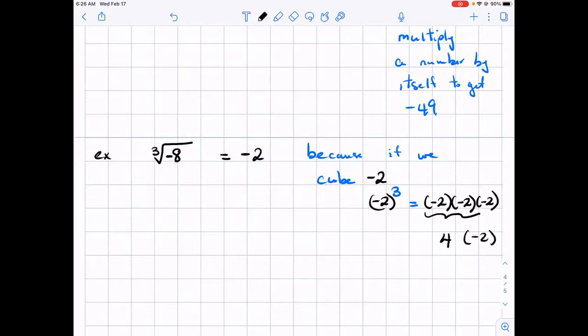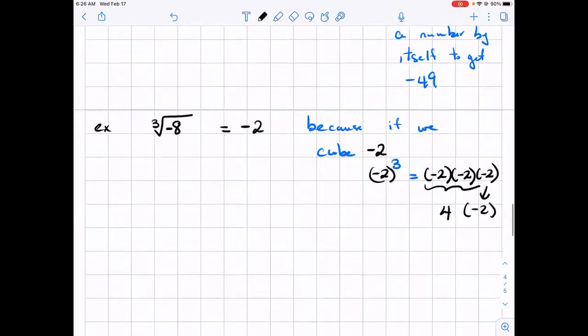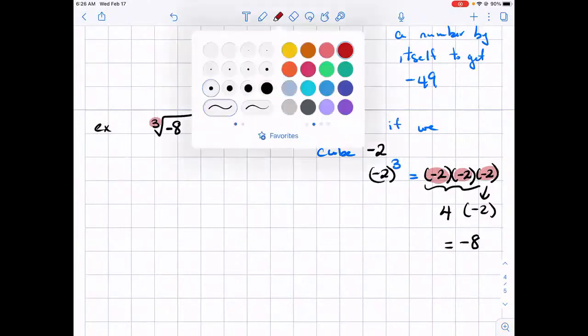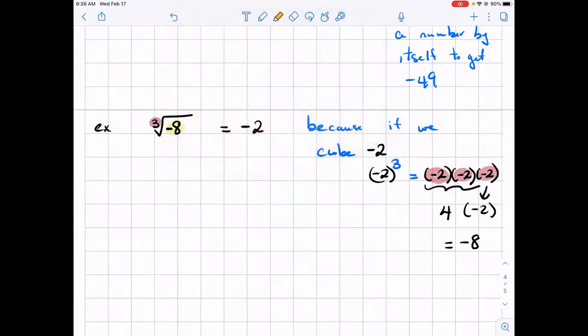But if you multiply 4 by negative 2, you will end up with negative 8. So once again, the key point is that these numbers here must be multiplied by themselves. So when n is odd, the radicand can be negative.